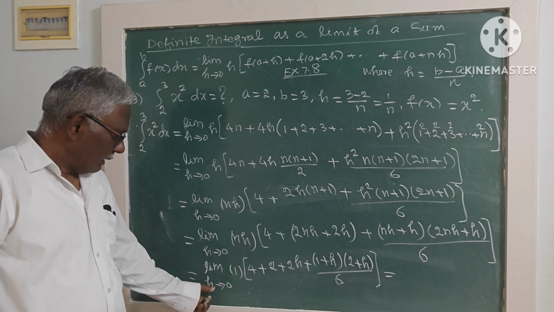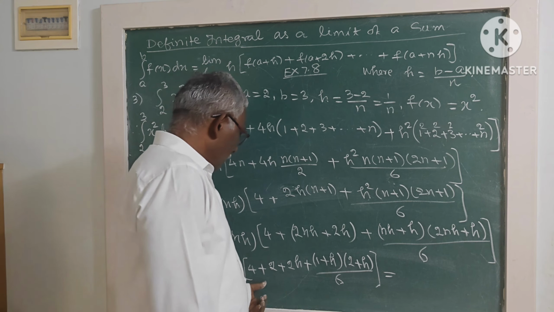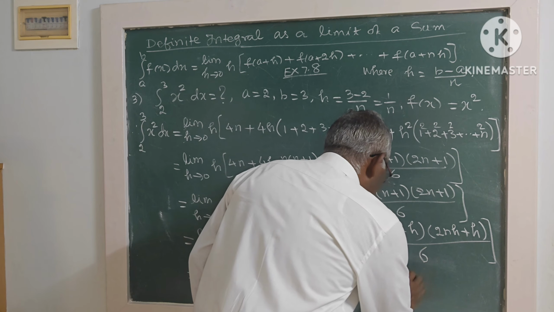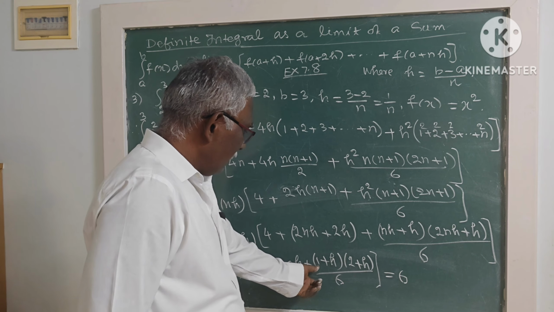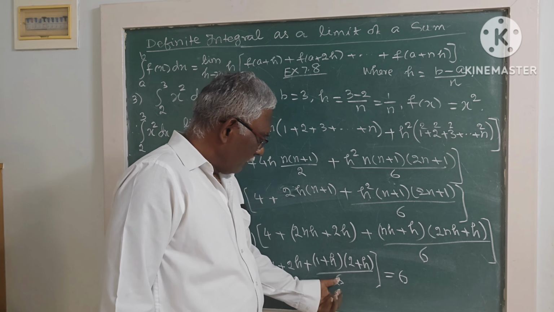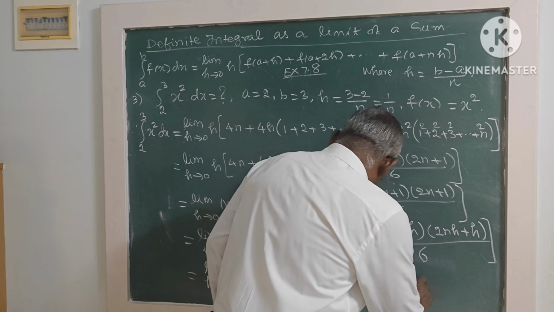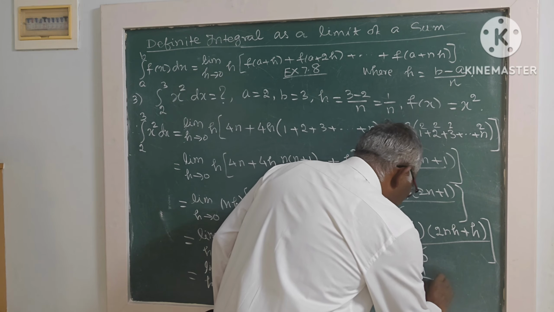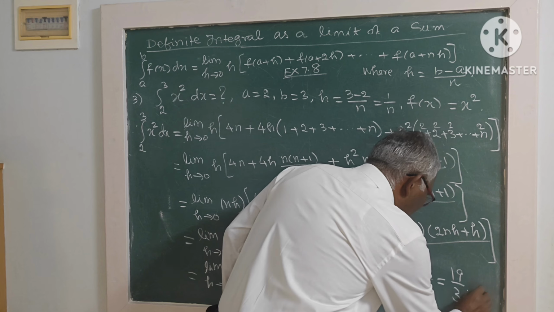Now take the limit h tends to 0. So wherever h is there, put 0. So this will become 4 plus 2 by 6, that is nothing but 1 by 3. So the answer is 19 by 3. So this is the answer.